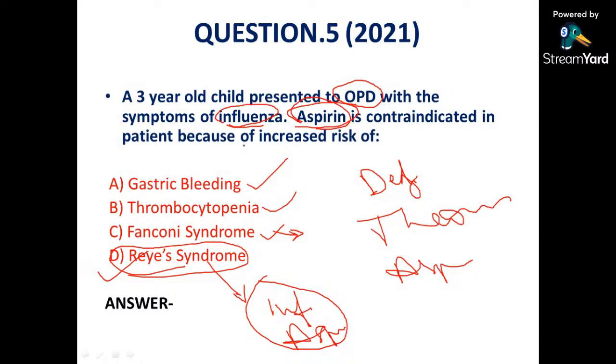So here we have to contraindicate aspirin because the patient may develop Reye syndrome, not gastric bleeding. In influenza there is no gastric bleeding seen, no thrombocytopenia seen, no Fanconi syndrome seen. In influenza, the patient will have Reye syndrome. Because of that condition, aspirin is contraindicated. So the option for the fifth question is D.